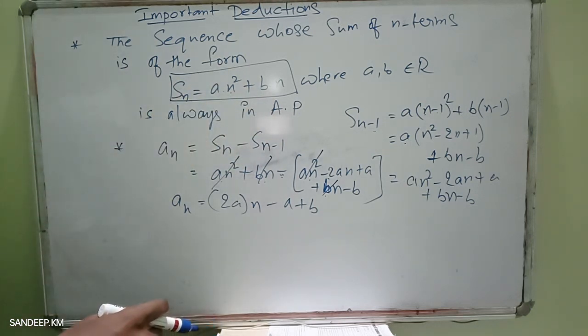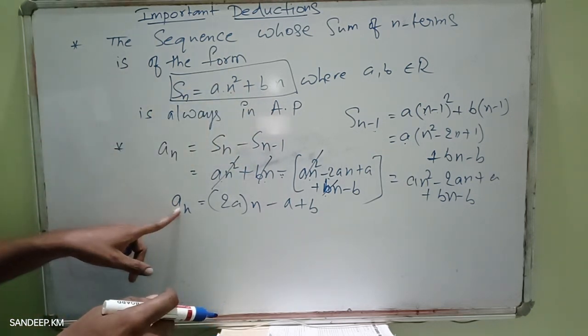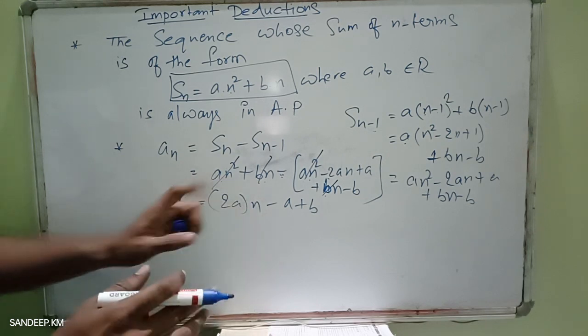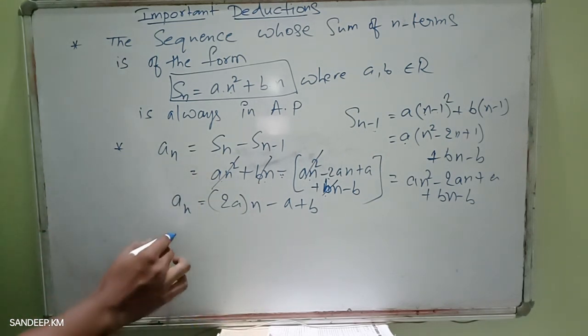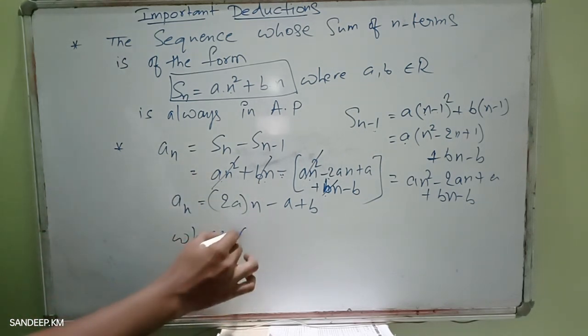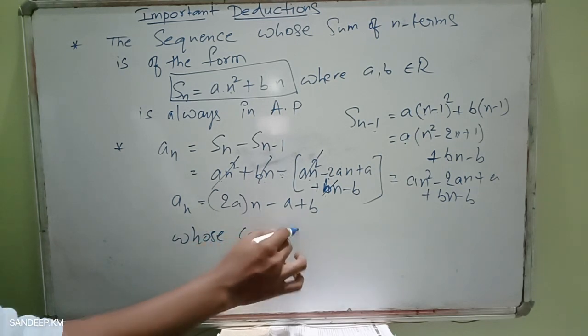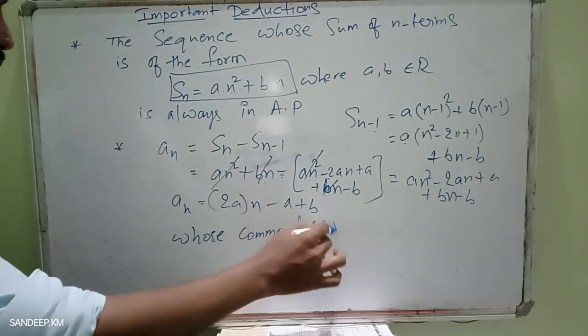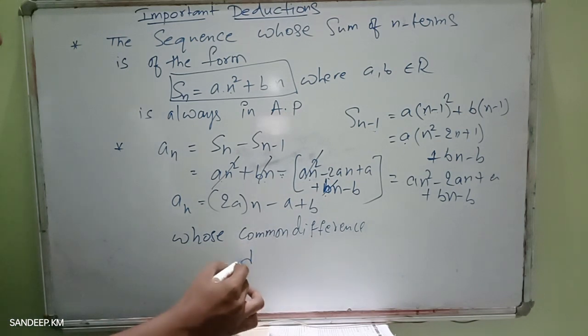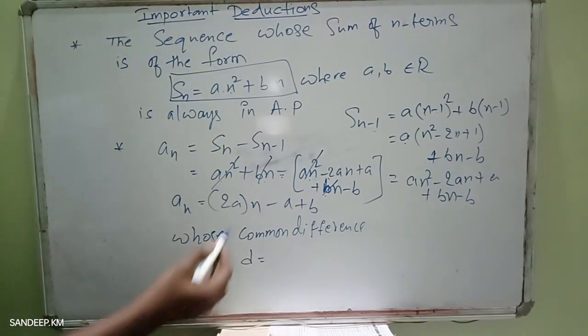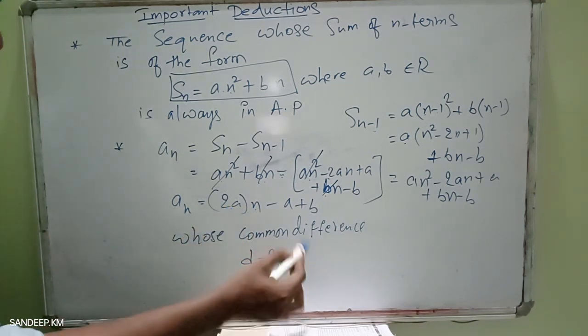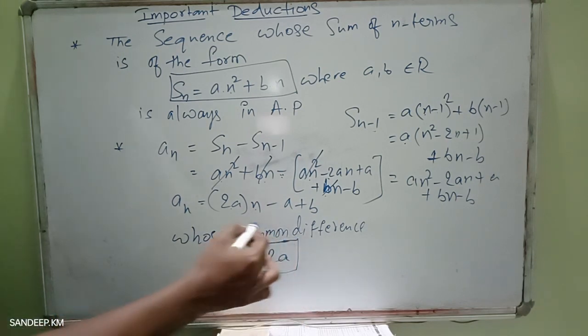Why is the given sequence in AP? Because the nth term is a linear polynomial in terms of n, whose common difference d is the coefficient of n. What is the coefficient of n here? 2a. So we got a direct formula, dear students.